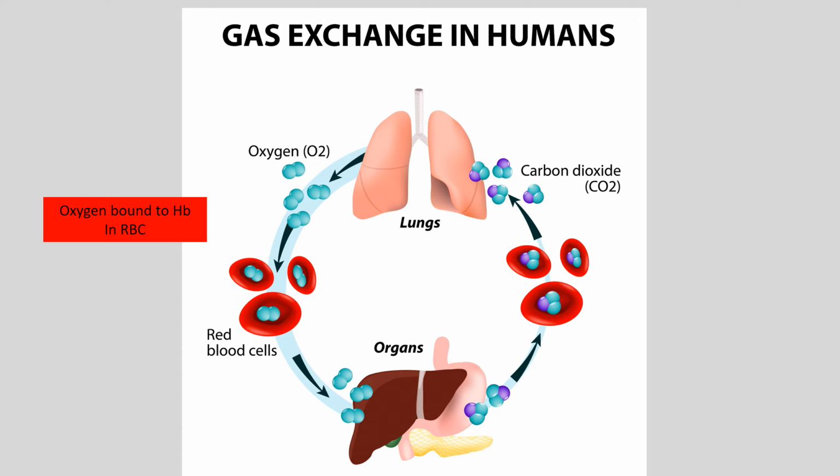As we can see in the next image, one of the main waste products of aerobic metabolism is carbon dioxide, which is transported, dissolved in the blood, back to the lungs for elimination in the form of expiration and ventilation.